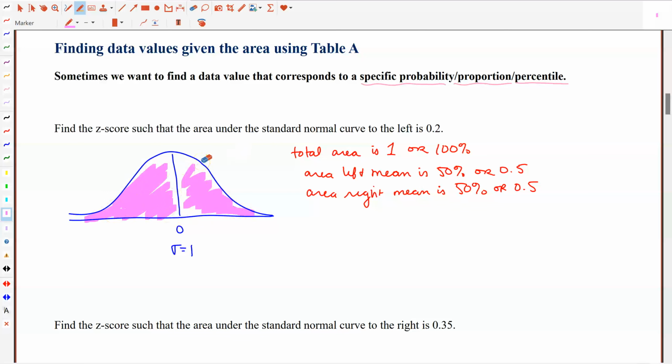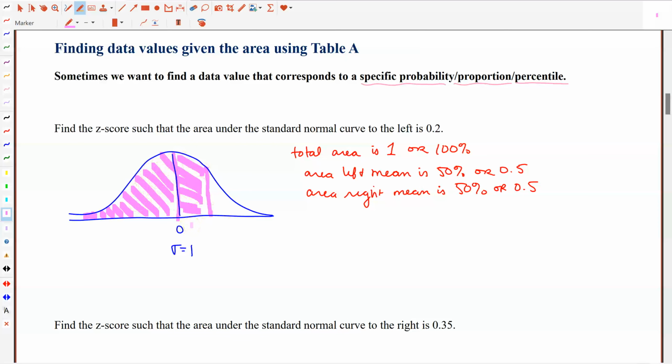When we're looking at the values that are in table A, since table A always gives me area to the left, if I am given an area that is bigger than 50%, I know I'm going to be over here, right? Because if 50% is from my mean left, and I'm looking at a value that is bigger than 50%, I know I have to have 50% plus a little bit more area.